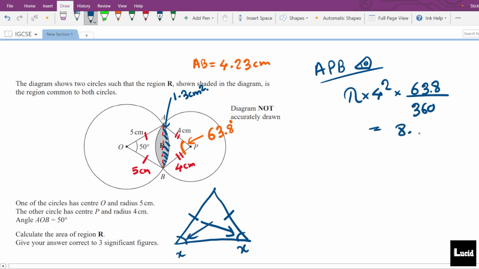For the triangle APB, it is half base times perpendicular height, found the same way as before.